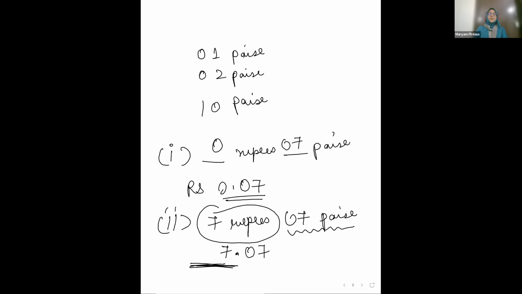Okay. Hiba, do you know how rupees and paise work? Just like in the Americas, you have a dollar and you have a cent. Let's say this is a $1 note.